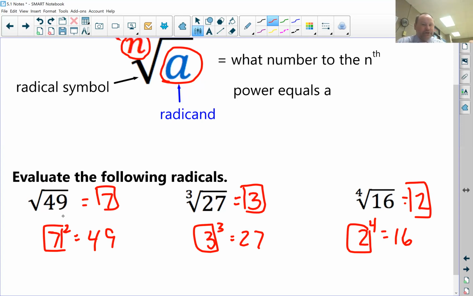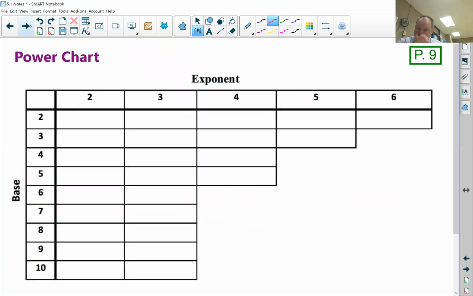All right, so one thing that might be helpful is this chart. Filling out this chart, this first box, we would have 2 squared, that's 4. And then 2 cubed, 2 times 2 times 2 is 8.